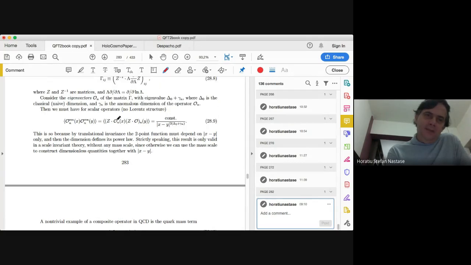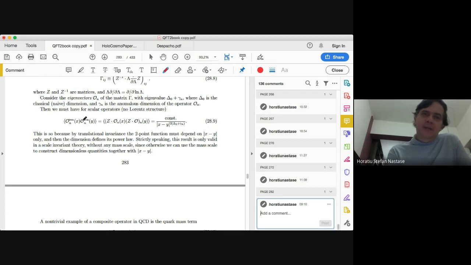Sorry, strictly speaking, this result is only true in a scale invariant theory, because otherwise I could construct the dimensionless object M times x minus y, where M is some mass scale in the theory.